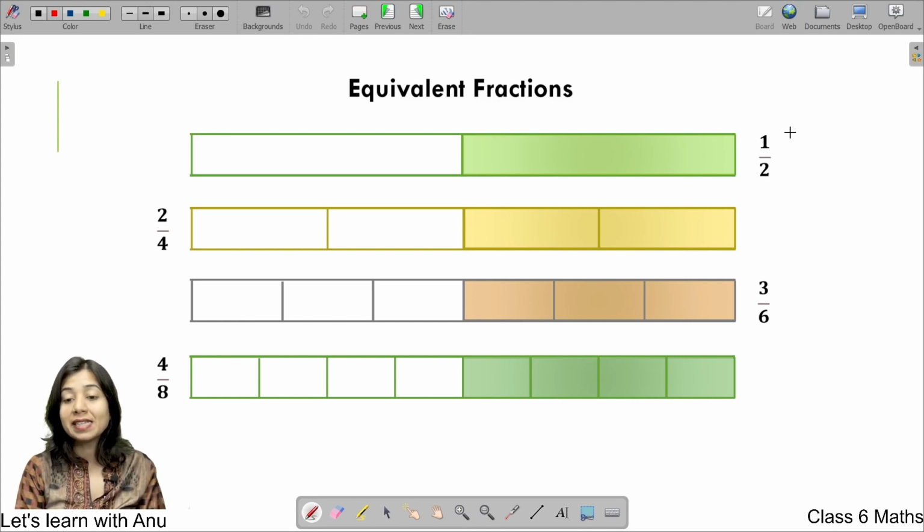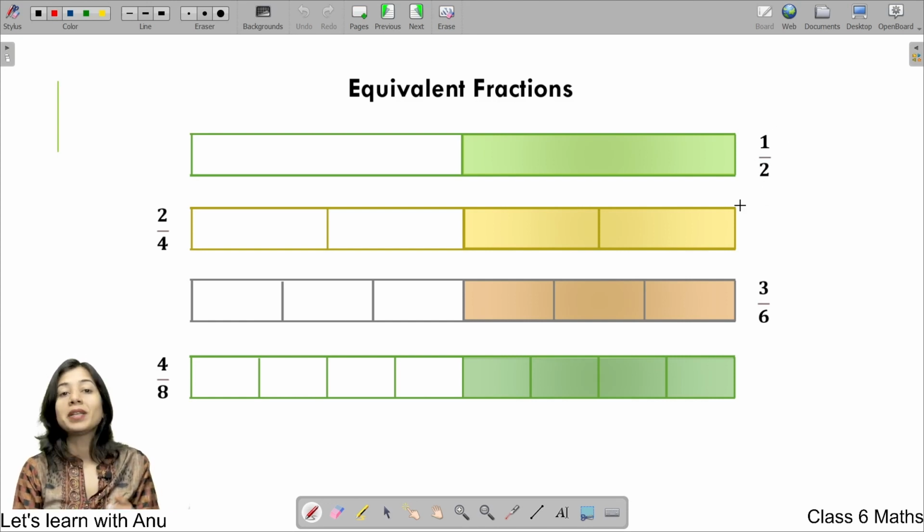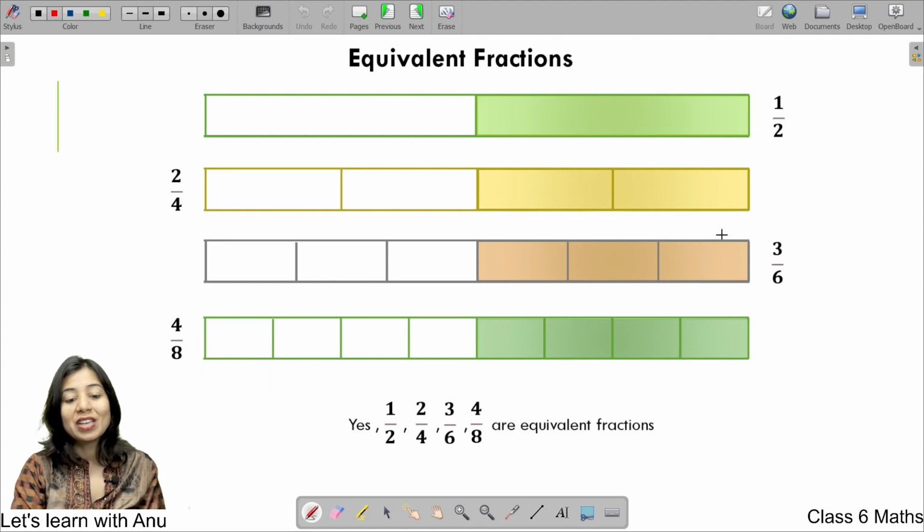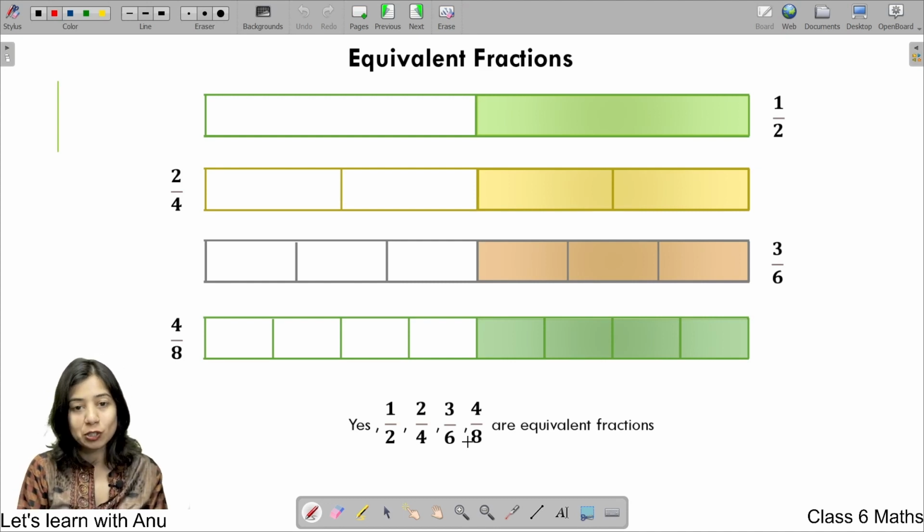Although the numerators and denominators are different, when we put them one over the other, pictorially, they represent the same shaded portion. That is why these are equivalent fractions. I hope everyone agrees with me. So yes, 1 by 2, 2 by 4, 3 by 6, 4 by 8 are equivalent fractions. Let's learn more about it.